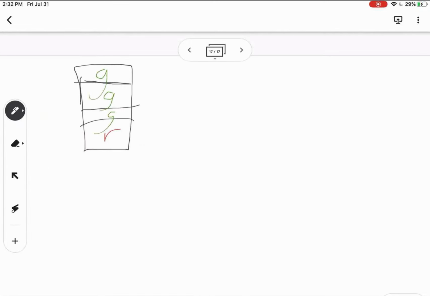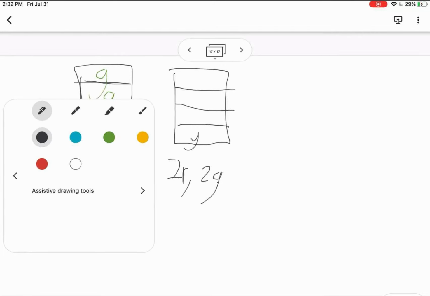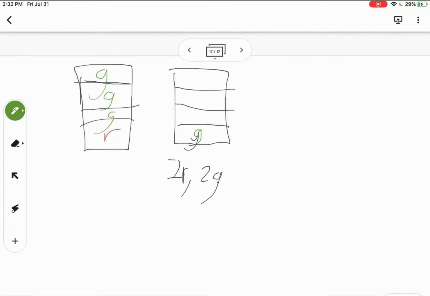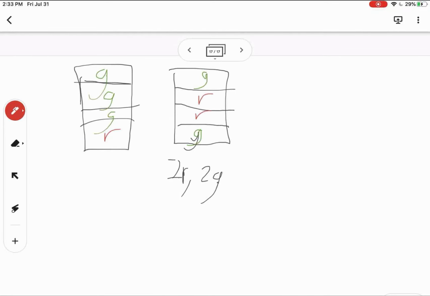The other possible columns would be like 2 reds, right? But we have to be careful not to have 2 greens on top. If we had two reds and two greens, then we must have something like a green on the bottom and two reds on the top.